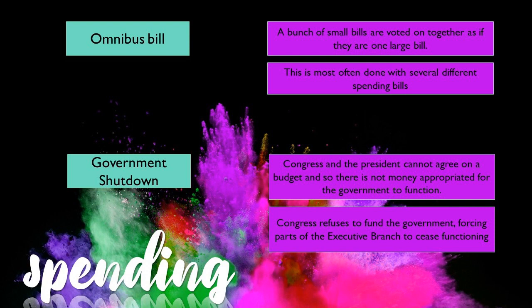And so those bureaucratic offices, the agencies and programs run by the bureaucracy, don't have the money to continue functioning, and so parts of the government will close. We might notice those things as government offices closing, or national parks closing, or different services like that. But a government shutdown occurs when the Congress and the president cannot agree to the budget.